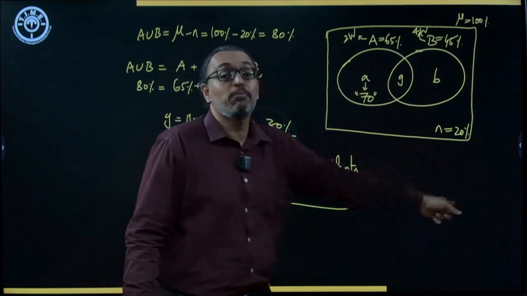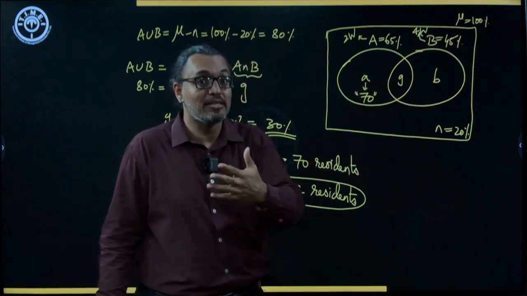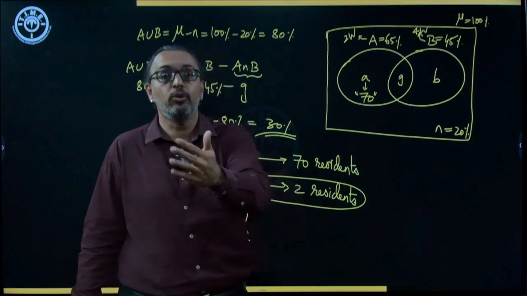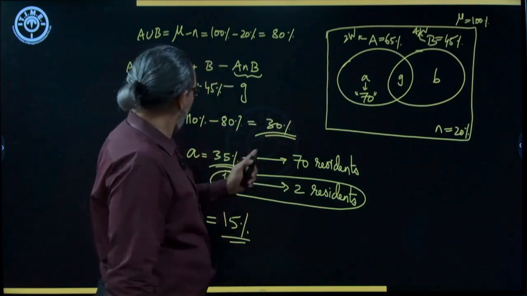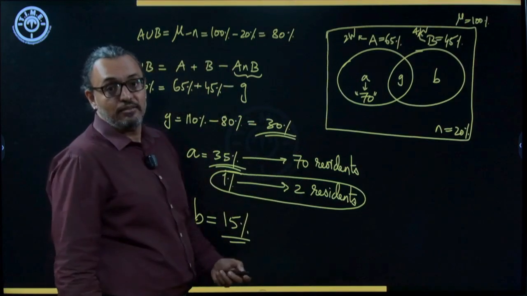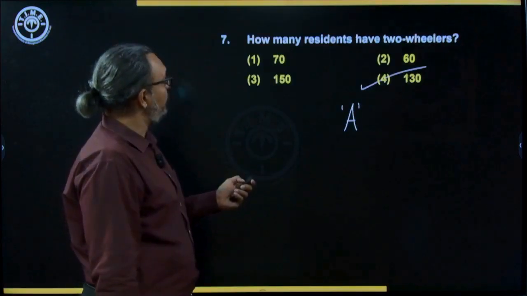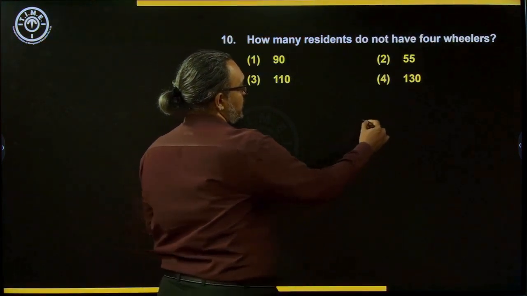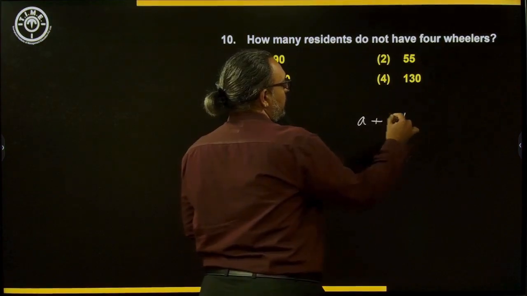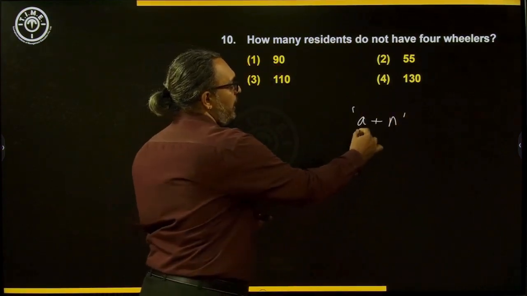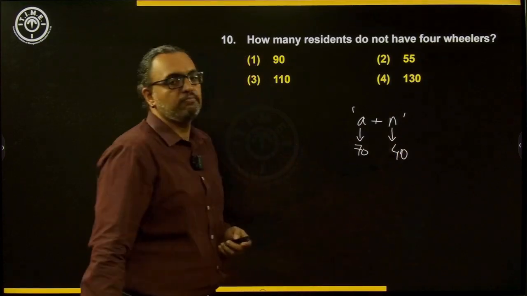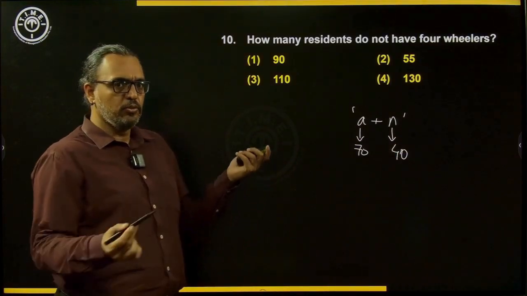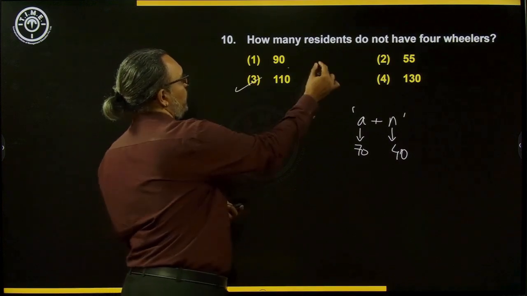That is why it is A plus N. So understand the region. You will know what to include and exclude. Got it? So it is A plus N, which is 35 plus 20. Correct? So this is small a plus N. So we know small a is 70 residents, 20 means 40 residents, 110. So that is what you choose, 110 as my answer.